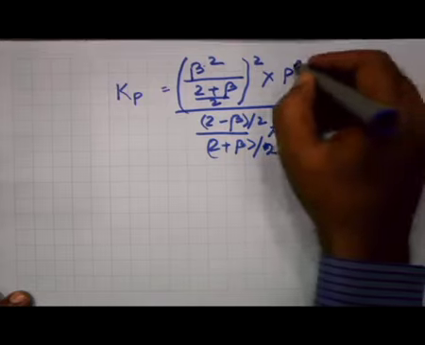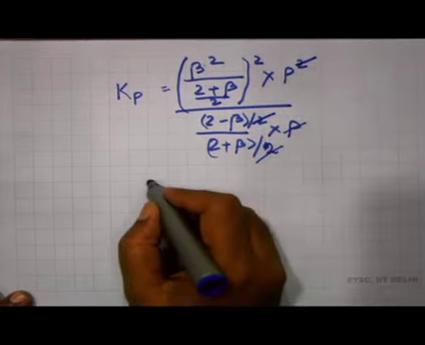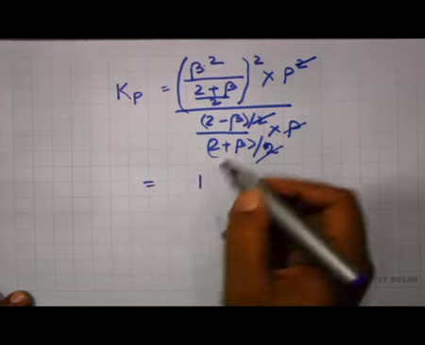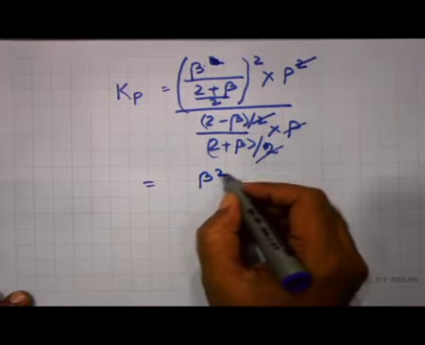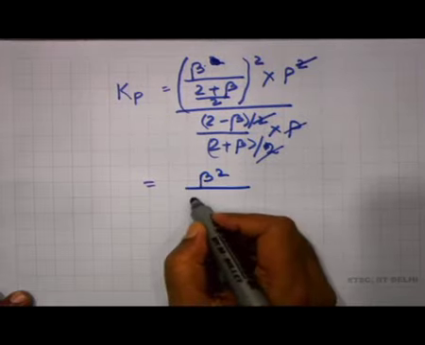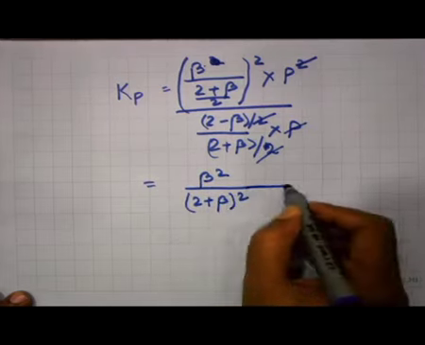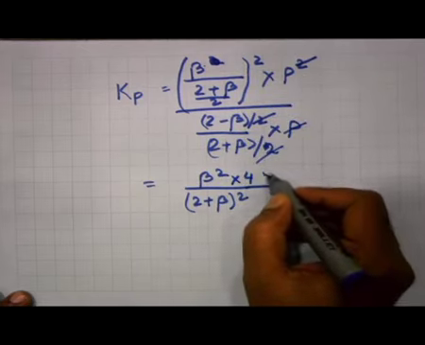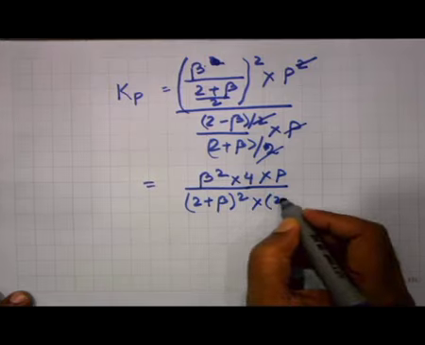P cancels out, this term cancels out, this 2 cancels out. So, what you are left with is your beta, sorry, this is your beta squared by 2 plus beta squared, into this 2 goes up, so 4 into P divided by 2 minus beta.